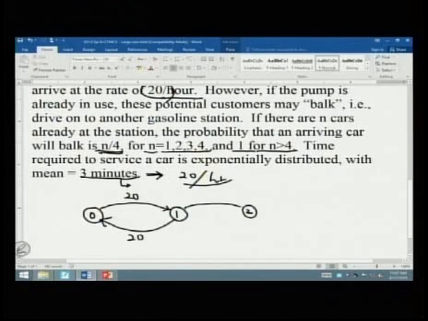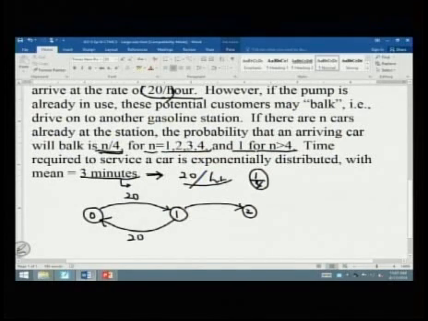Okay. How about the next arrival rate? If there is one car, what would be the arrival rate? First, what is the balk rate if there is one car already? 1/4 of the cars will leave, right?